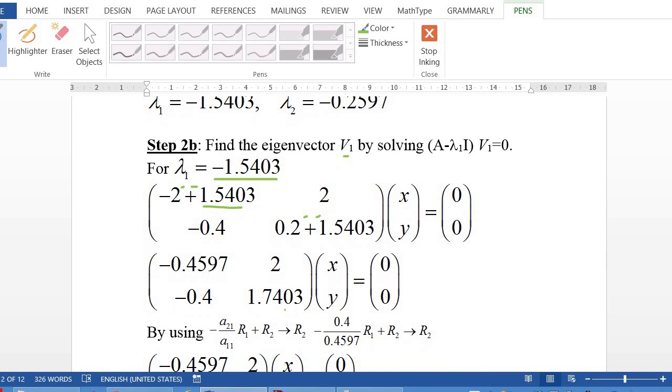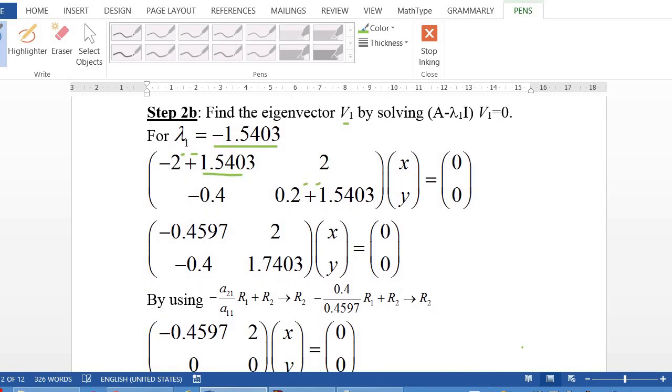Since we have a floating point eigenvalue, it's not easy to see whether these two equations are equivalent or not, because we didn't get integer numbers. So we have to use suitable row operations.